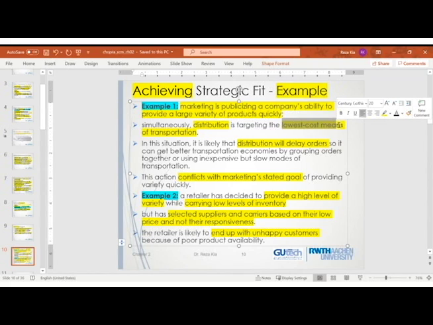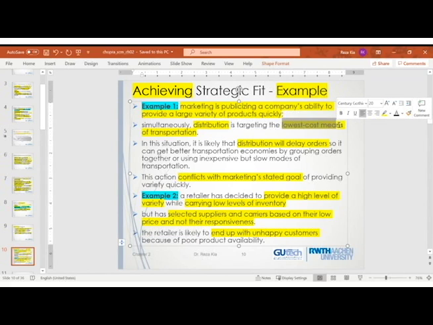So now you see that there is a conflict between the marketing department and the transportation department. In the marketing department, the manager is saying that we can provide a large variety of product quickly.